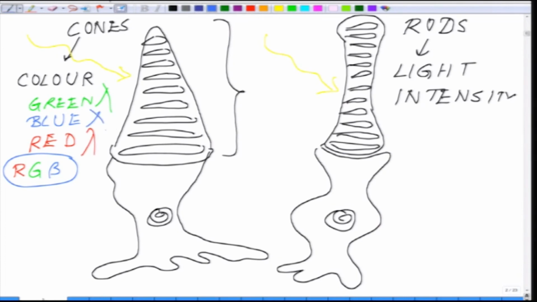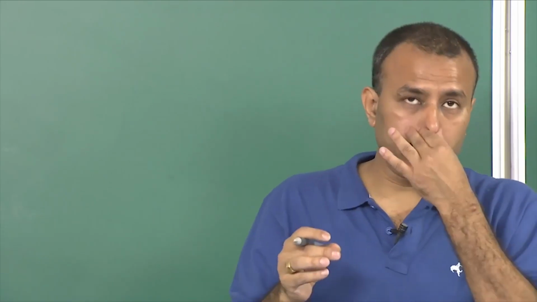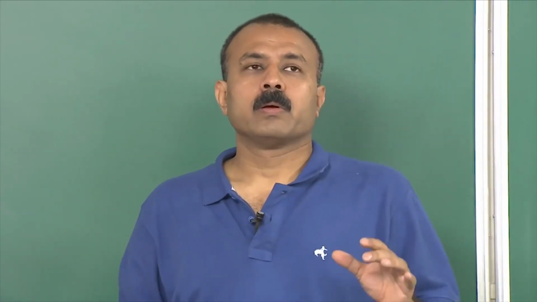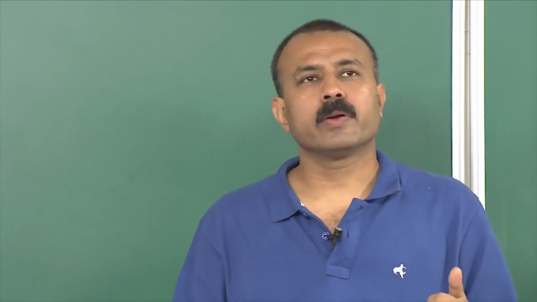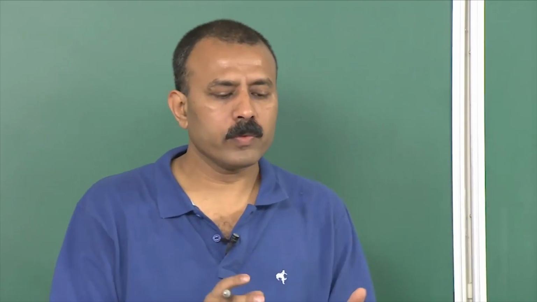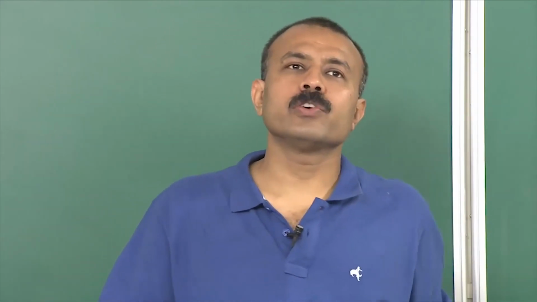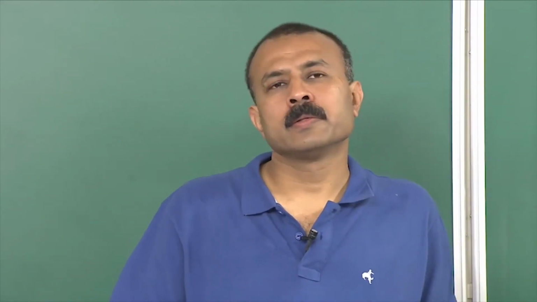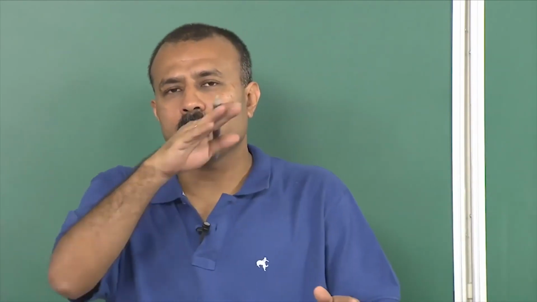The specific cones are of a specific type. They could be excited so that they absorb light at the blue wavelength, or at the red, or at the green wavelength. Okay. This kind of color vision is only functional in high intensity light, because if you walk in the dark, you will realize that you cannot distinguish color. What you essentially see is a shade of black and white.